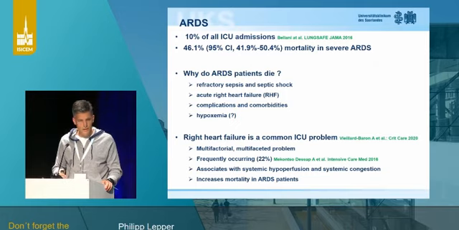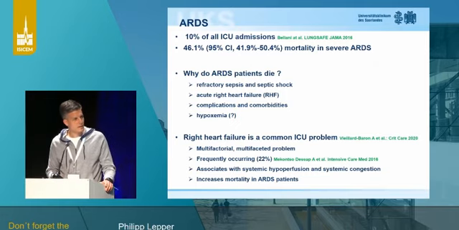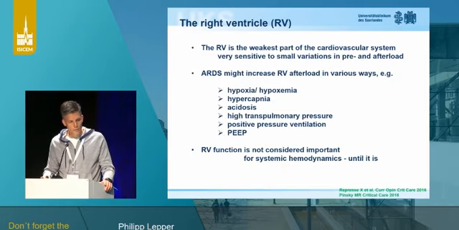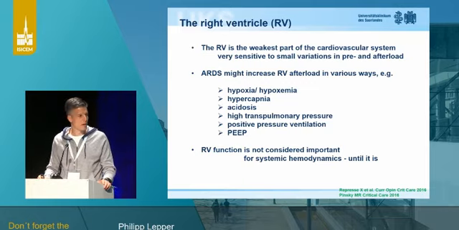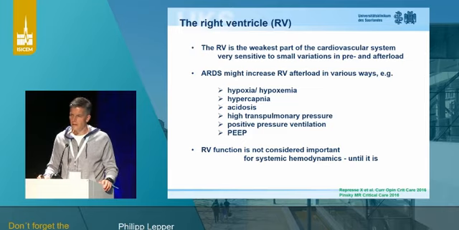Of course, a failing right heart does not lead to an improved systemic perfusion because the right ventricle is, so to say, the weakest part of the cardiovascular system. And the right ventricle is quite sensitive to changes in pre- and afterload.